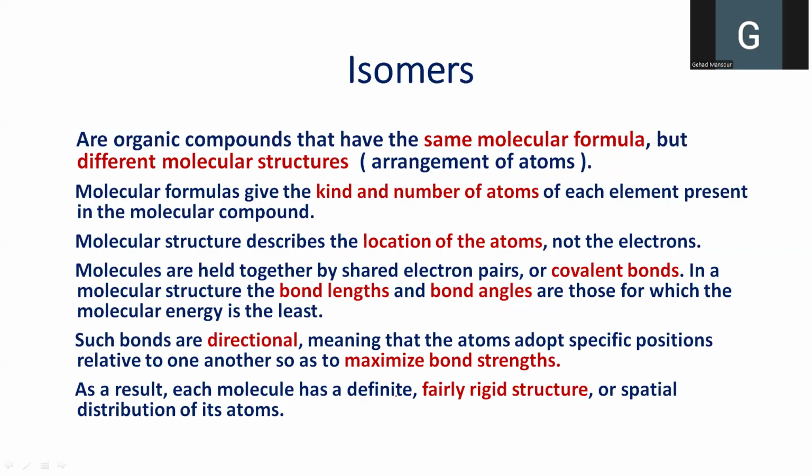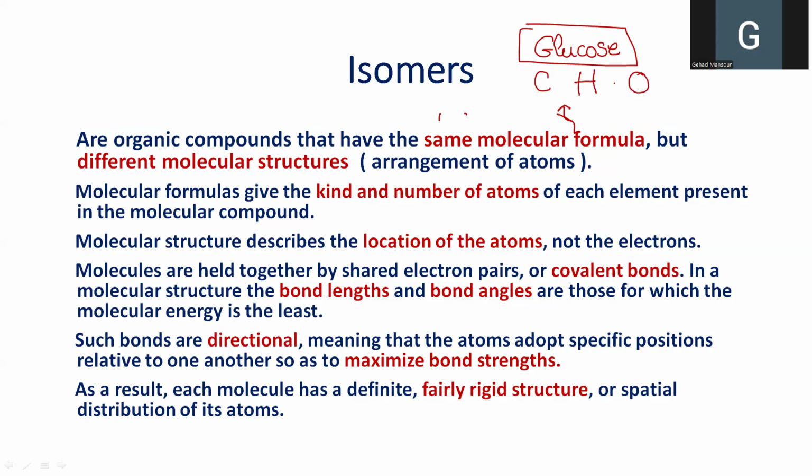For example, what does the molecular formula show me? The molecular formula is a formula that shows me the types of atoms that share in the formation of the molecule. For example, if I'm talking about a glucose molecule, then it will tell me that the glucose molecule consists of carbon, hydrogen, and oxygen.